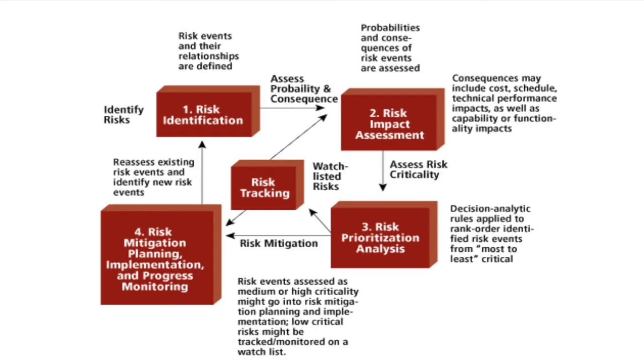After that, the fourth technique is risk mitigation. Risk events assessed as medium or high criticality might go into risk mitigation planning and implementation. Low critical risk might be tracked and monitored on a watch list. So once you have identified the risk, you know the impact and you have assessed it, and you know the priority and criticality of the risk.